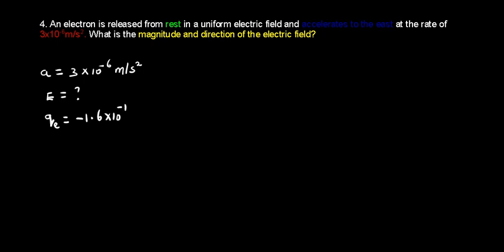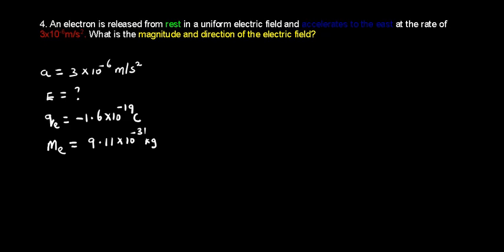Please, it is a constant. Also look at the mass of this electron. The mass is also a constant with a value of 9.11 times 10 raised to the power negative 31 kilograms. And we are looking for the electric field.